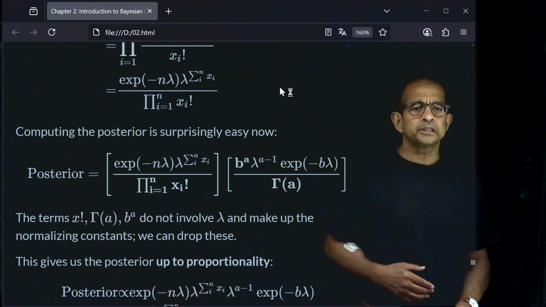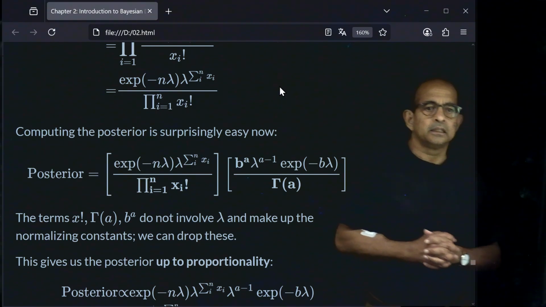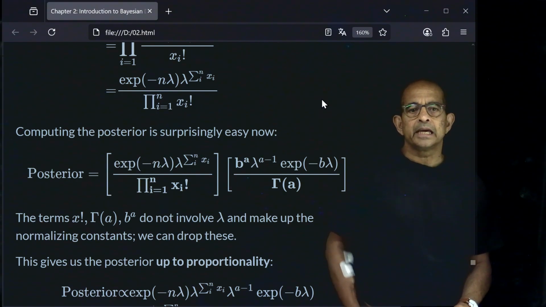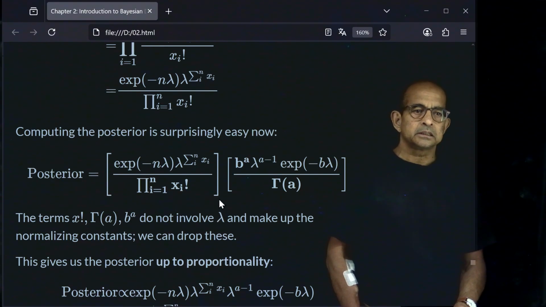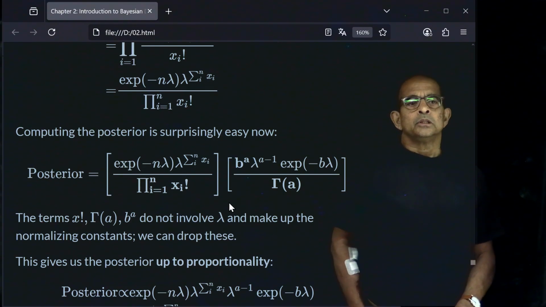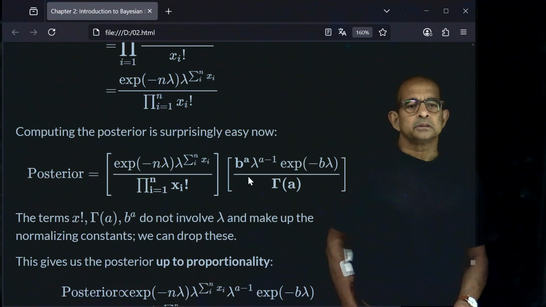So let's go to the next step and multiply the likelihood. This is my likelihood, which I just computed for the n data points. Multiply it with the prior, the gamma prior on the lambda parameter. Remember the gamma distribution, we just discussed it a few minutes ago. So this is the gamma distribution for the lambda parameter.